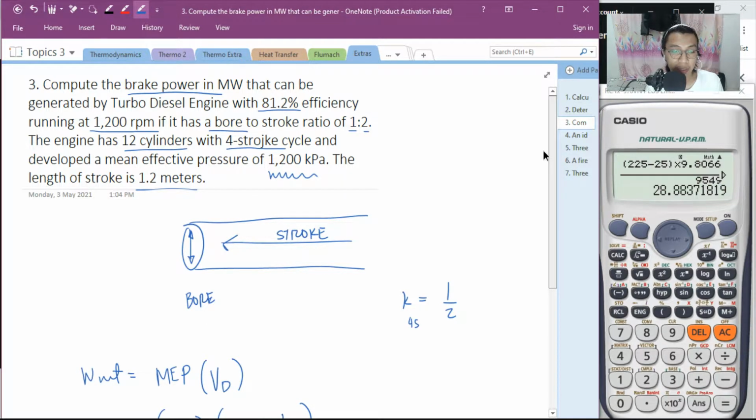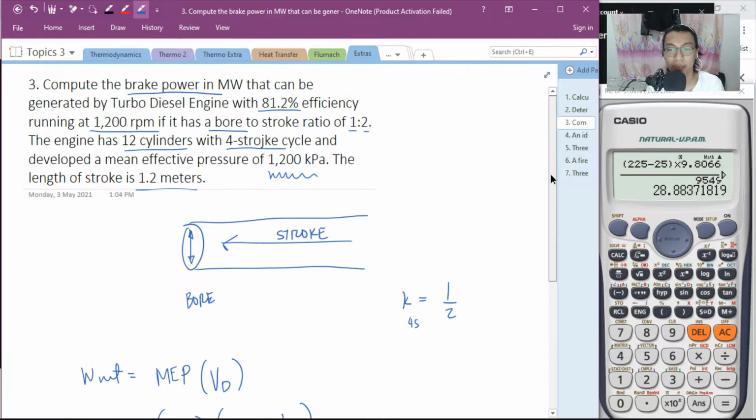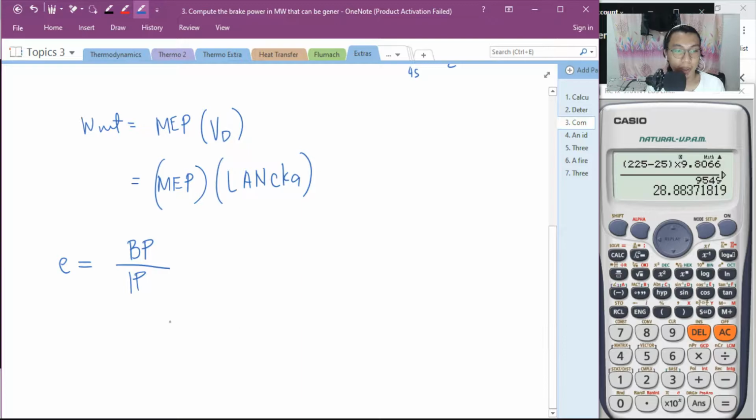So, generated, mas maliit yan. BP, tama. Dito yung input power, internal power, indicated power. So, BP ang hinahanap natin. BP, mas maliit dapat yan kesa dito sa IP.